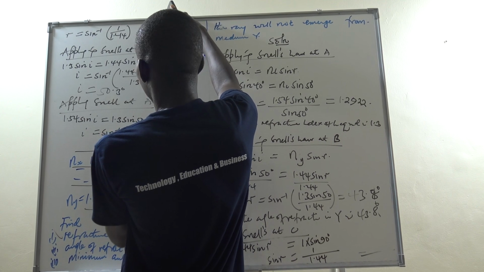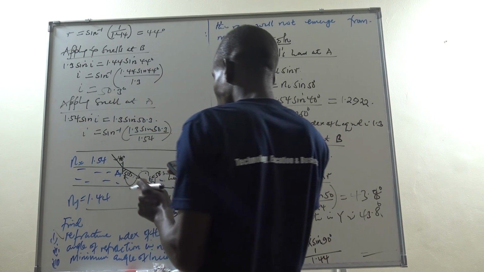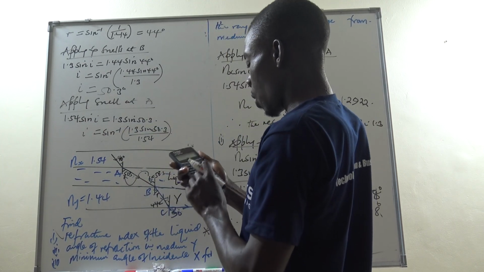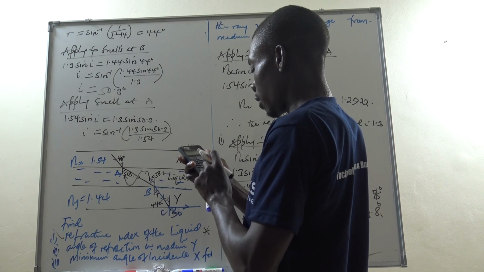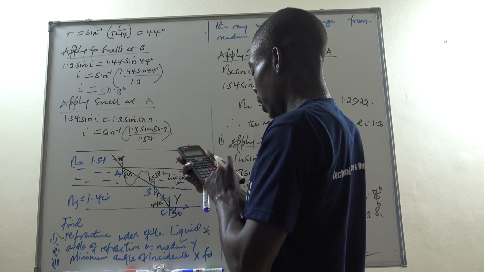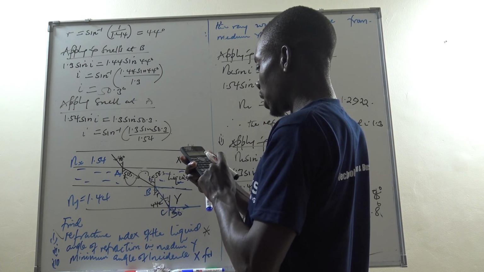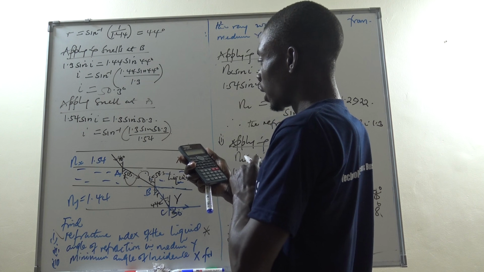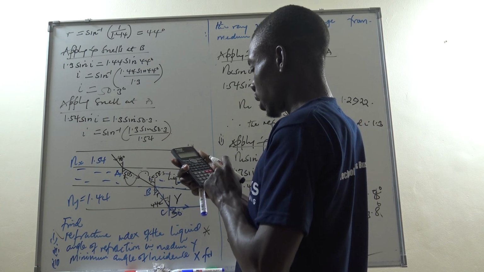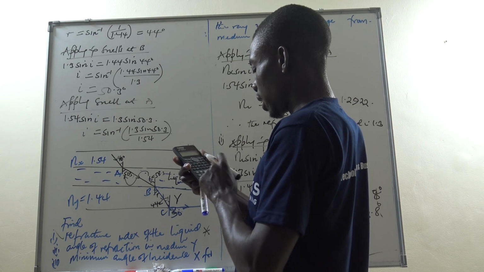50.3 divided by 1.54. And then you can say 1.3 times the sine 50.3, and then divide by 1.54. We are getting that, and then shift sine inverse of the answer.